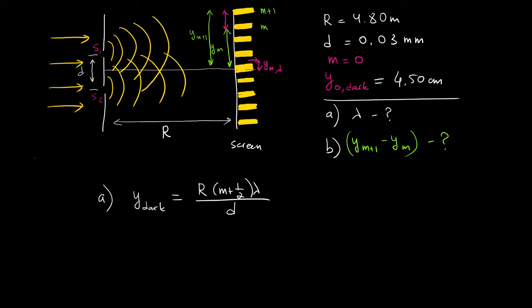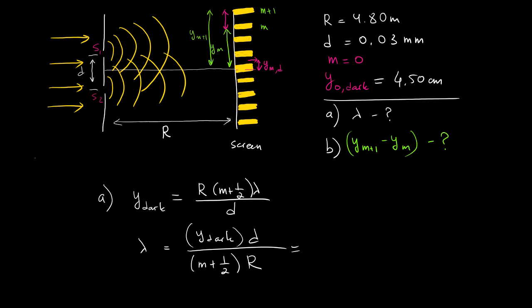From here, we can solve for lambda, where lambda equals y dark times d divided by m plus 1/2 and r. Now all we need to do is plug in the numbers.